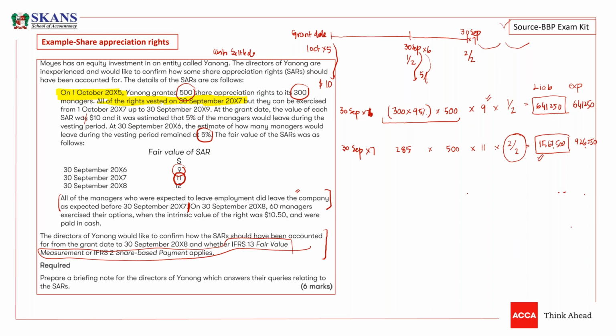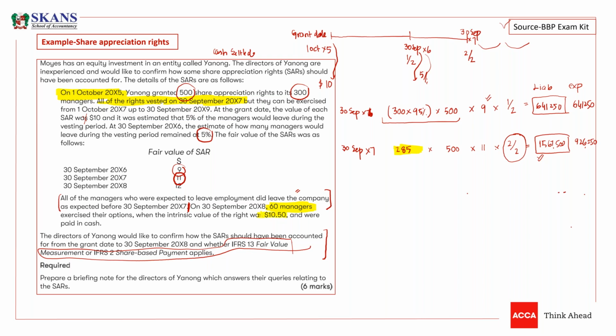Now, guys, they are saying that on 30th September X8, this year is going to be an important year. On 30th September X8, 60 out of 285, because 285 vested, 60 managers exercise their options, where the intrinsic value of the right was 10.50.